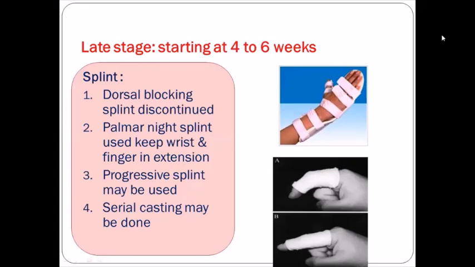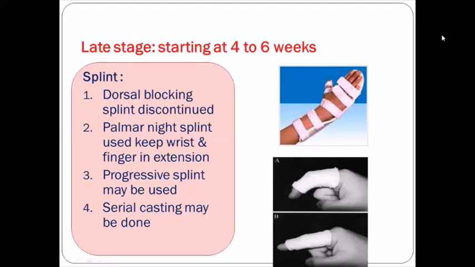Okay, so now in late stage, which starts at 4 to 6 weeks, the dorsal blocking splint will be discontinued. Here is the importance of what I told in the beginning, the inflammatory stage, the remodeling stage, all these stages. Now in late stage, the adhesions are already formed. It is almost healed. The gap has been filled by the collagen fiber.